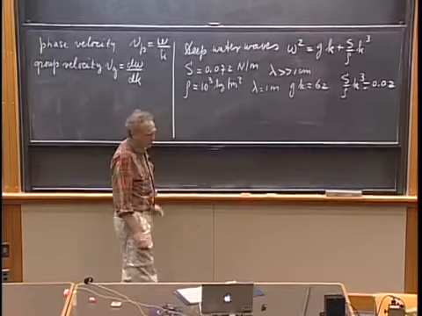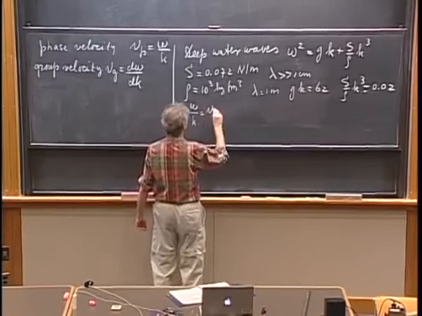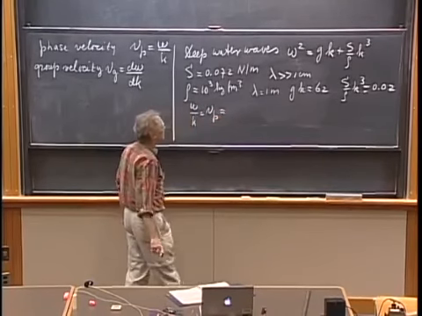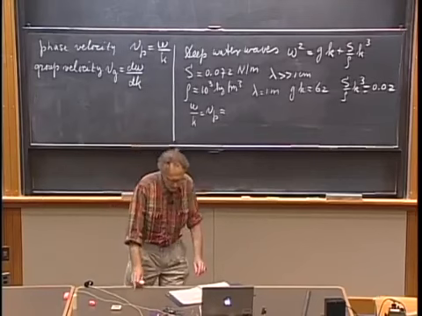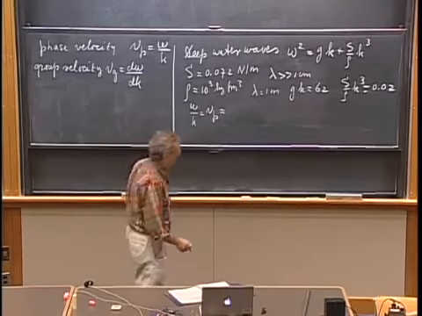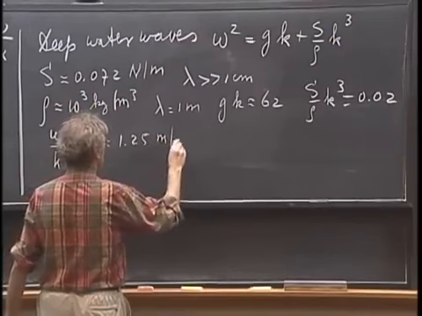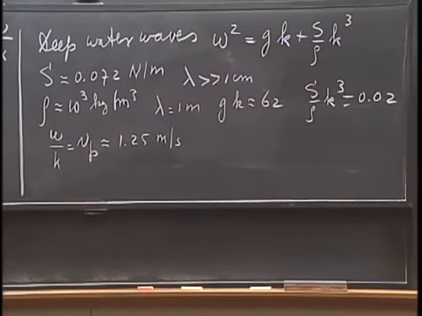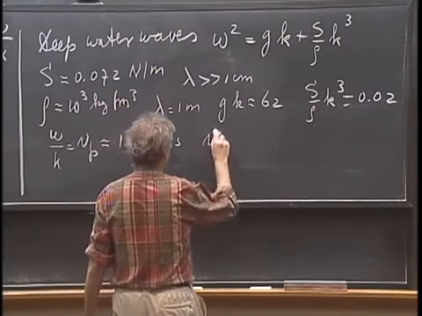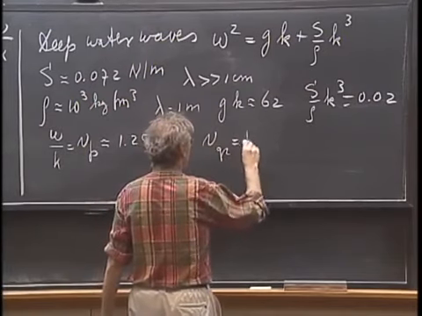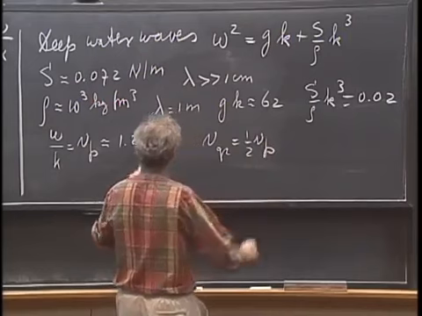And so you can write down now that omega divided by k, which is the phase velocity, in this case comes out to be 1.25 meters per second. And what you also find, and I will show you that very shortly, is that the group velocity is half the phase velocity, and so it's half this value.